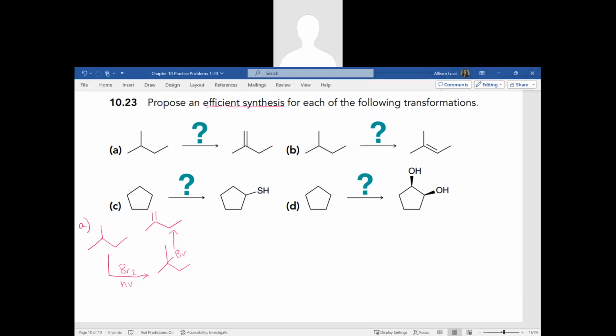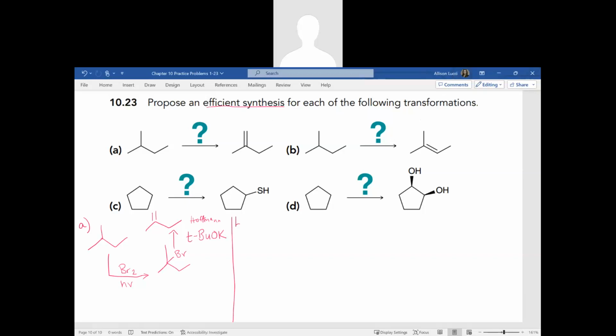We would need to use a bulky base, something like potassium tert-butoxide could be used to accomplish this, and we could end up with that Hofmann product. So that is how we could accomplish this transformation from our alkane to an alkene in molecule A.